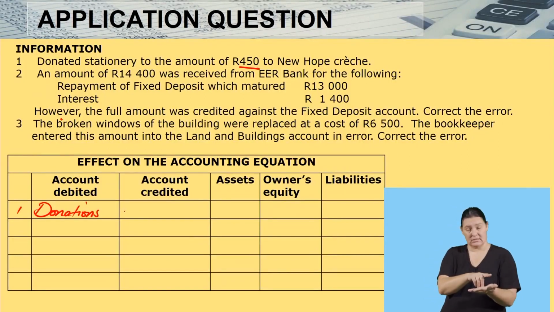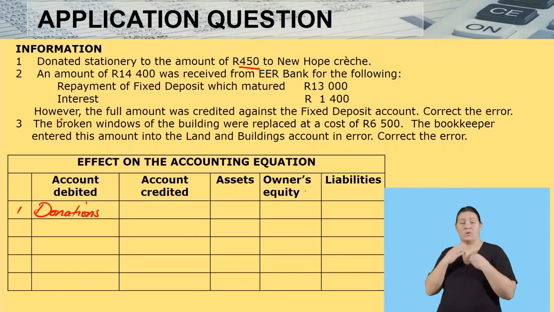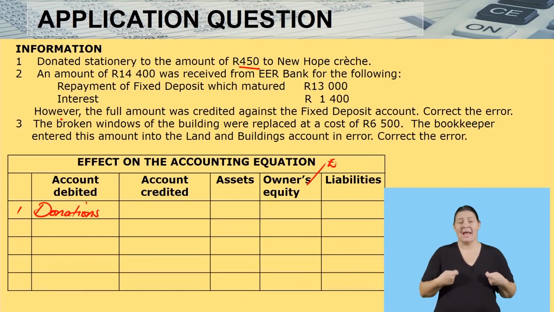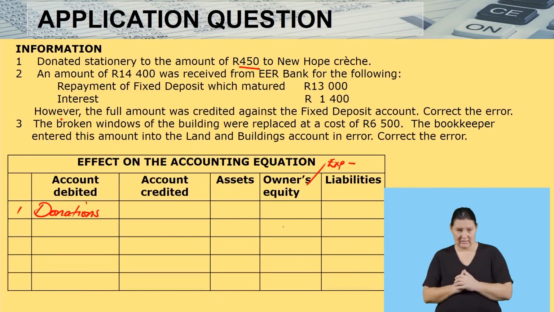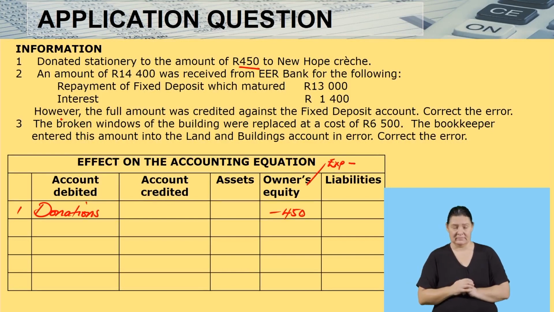Remember, donations are an expense. That means they will affect my owner's equity. In what way will they affect? They will decrease my owner's equity. Therefore, expenses will decrease my owner's equity. So I'll come here and I will say minus 450.